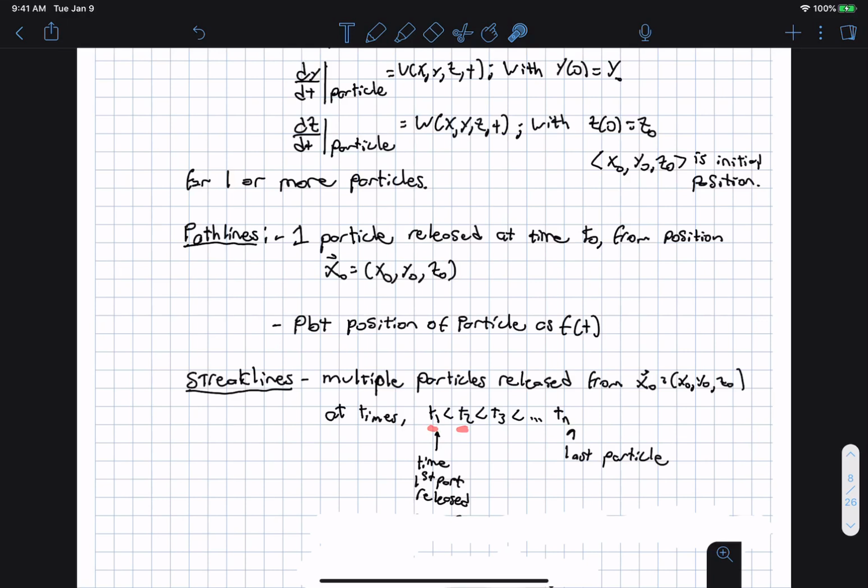And at some later time we release particle 2, and then at another later time we release particle 3, and then at some later time we release our very last particle, tn. Okay, and so t1 is the time that we release the first particle, and tn is the time that we release the last particle.